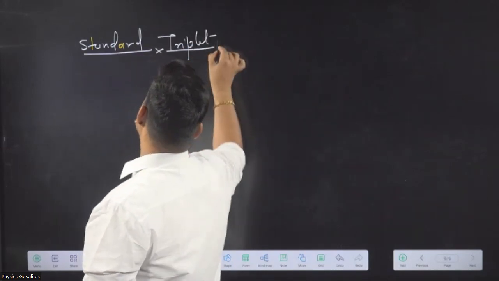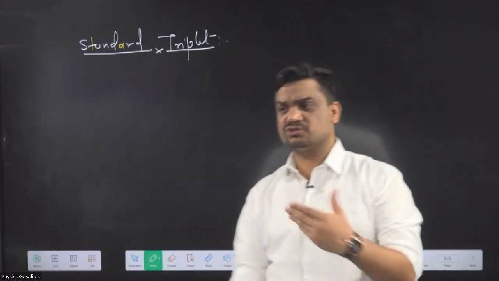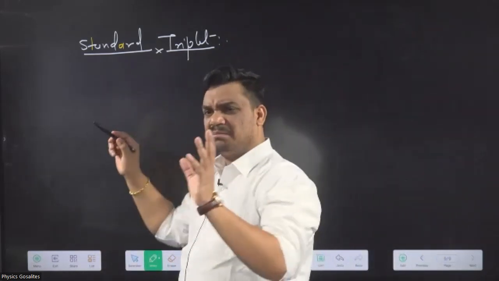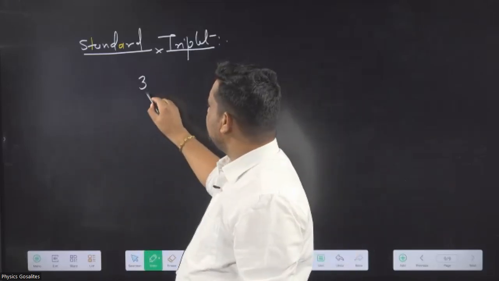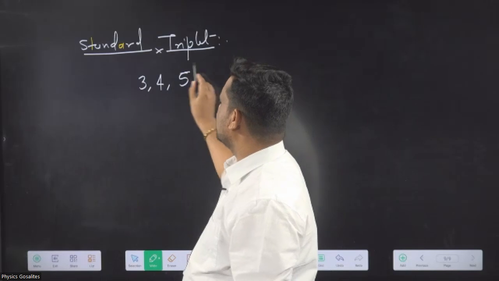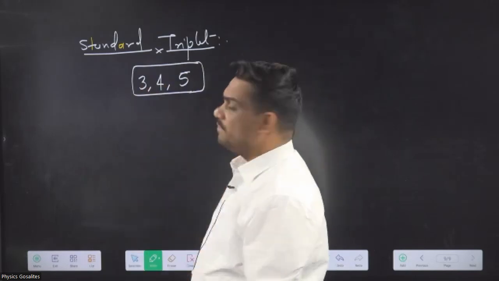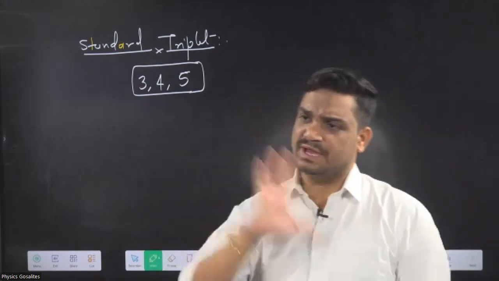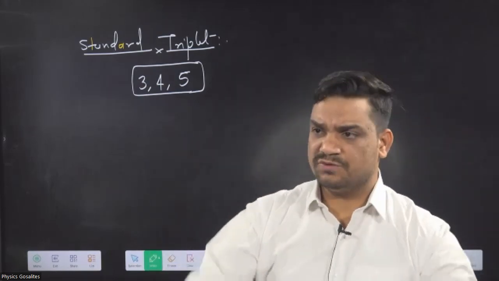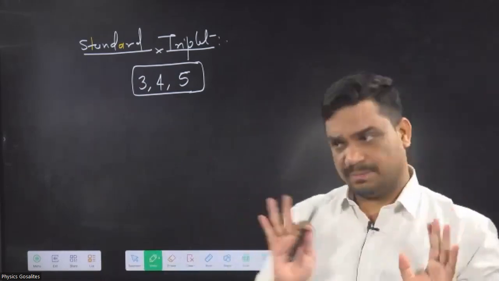Now you can say, why am I saying remember, we can easily solve. Yes, we can solve, but you are doing squares. So 3, 4, 5 is one standard triplet. The meaning is 3 square plus 4 square equal to 5 square. That is the meaning of the triplet here.